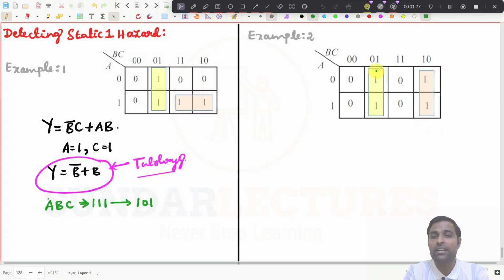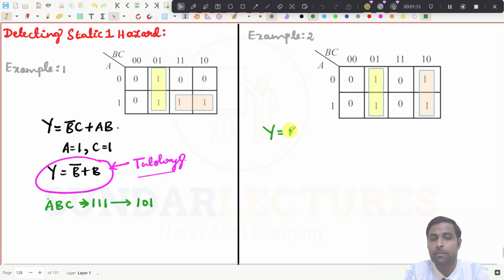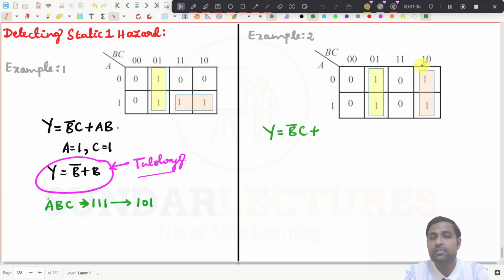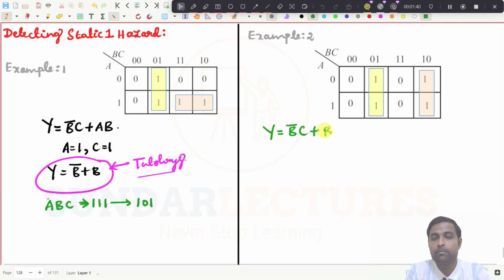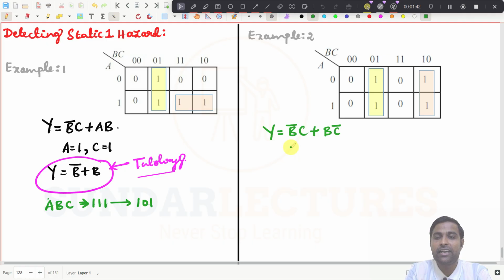And how can you find it from here? Can you write the expression? Y should be equal to what? This is B bar C plus B C bar, and you can see that even if you put any input, you cannot make it constant. And see one thing, I will tell you here itself. You see these two are essential pairs, right?